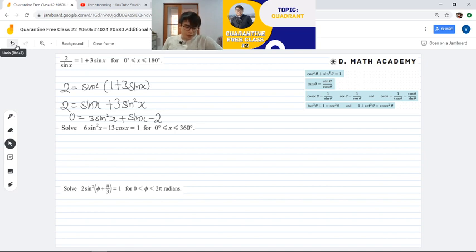So factorization, 3 sine x times sine x, and I'll be putting 2 at the top and 1 at the bottom. Reason being, if you were to put it the other way around, you wouldn't satisfy the last part of -2.